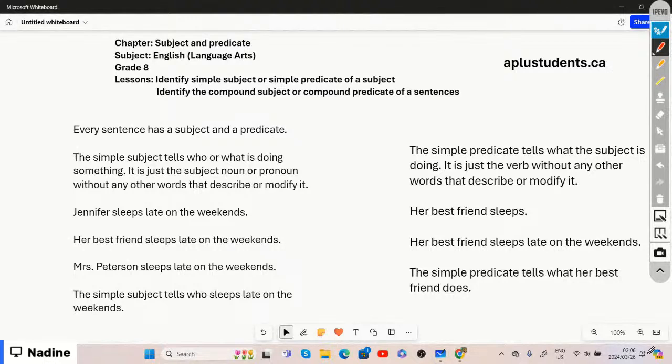It is just the subject noun or pronoun without any other words that describe or modify it.